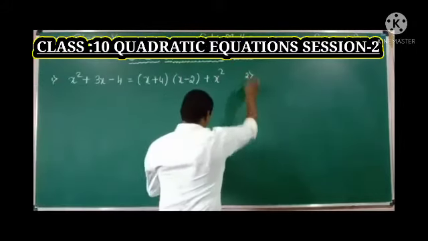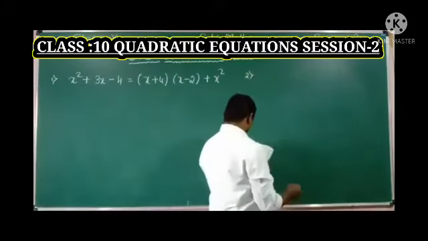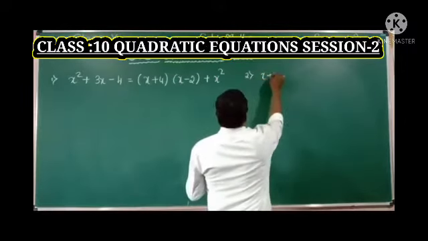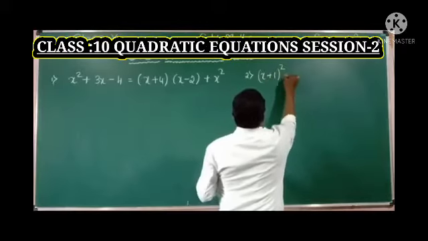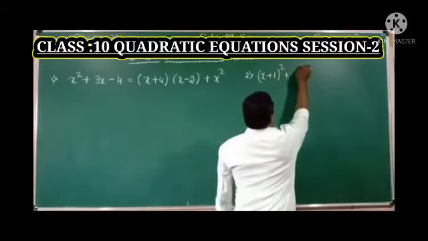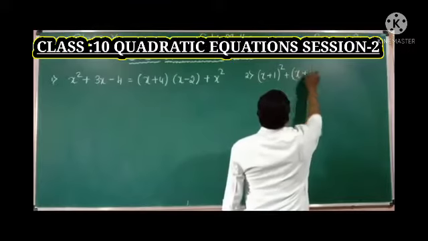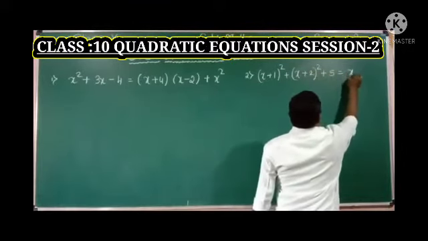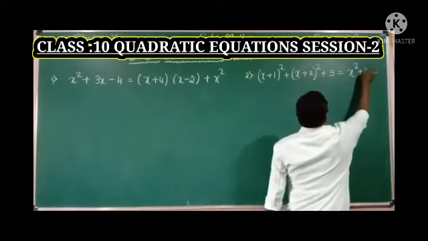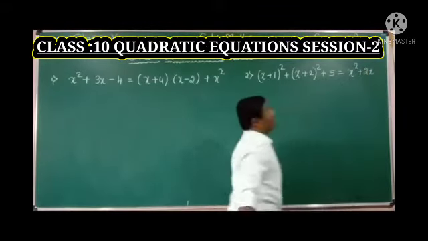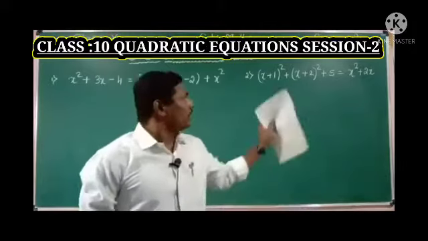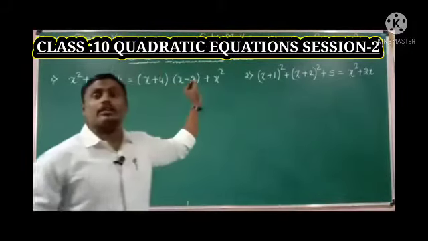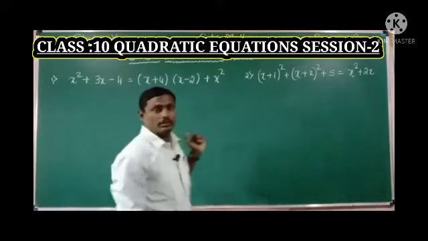Second one, x plus 1 whole square, x plus 2 whole square plus 5 is equal to x square plus 2x. Here you need to find whether the two given equations are in the form of a quadratic equation or not.